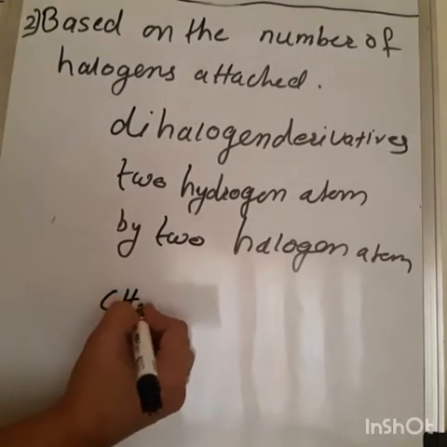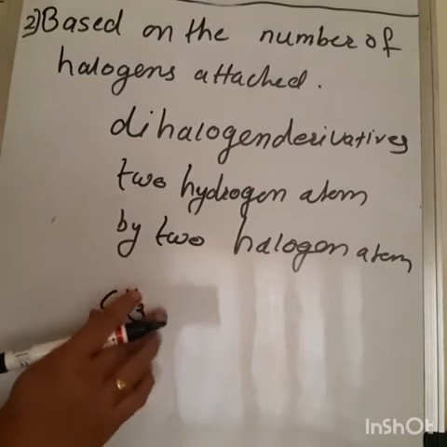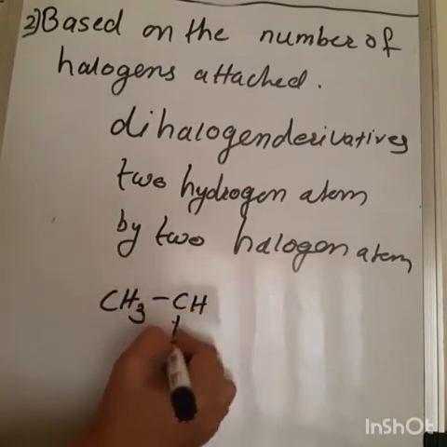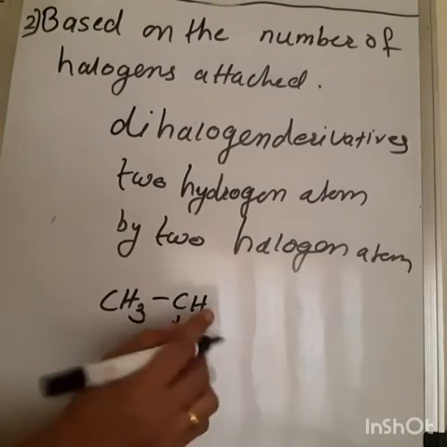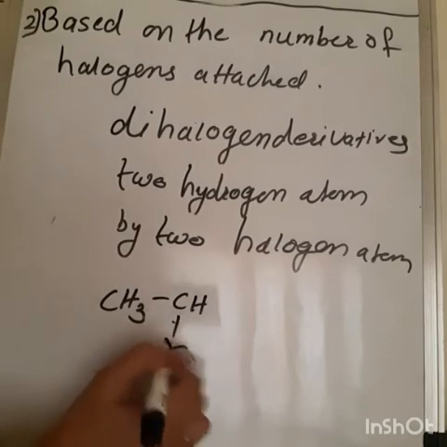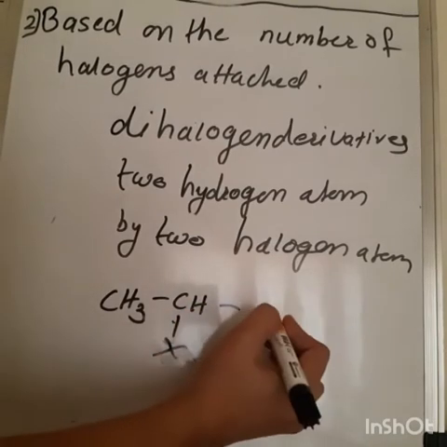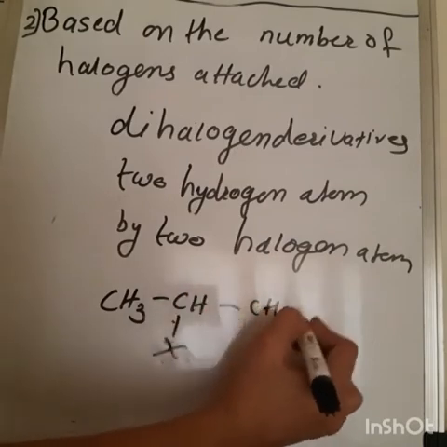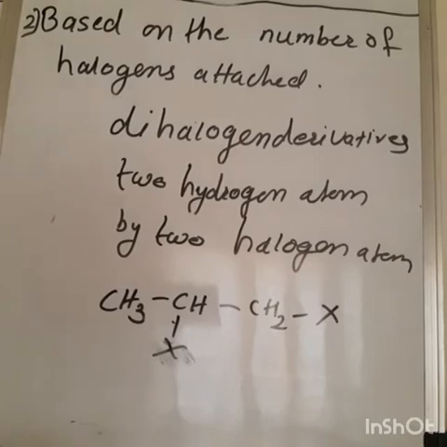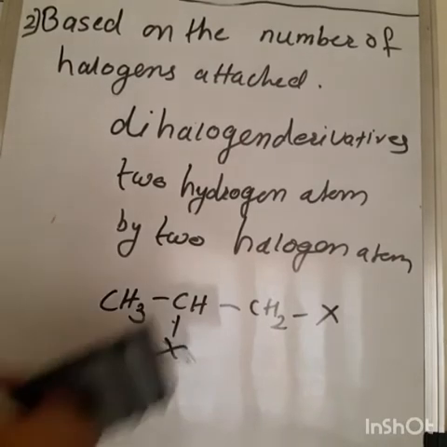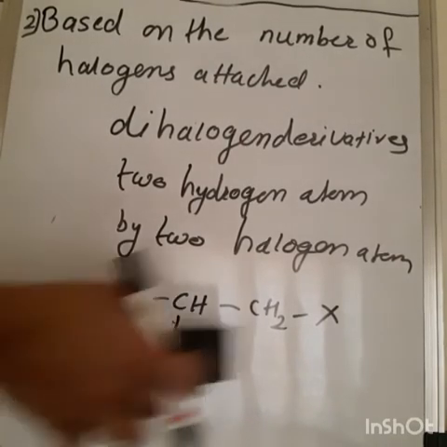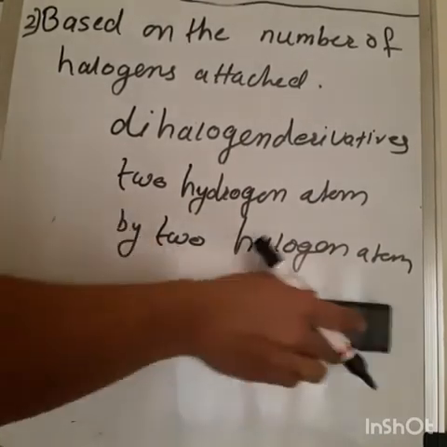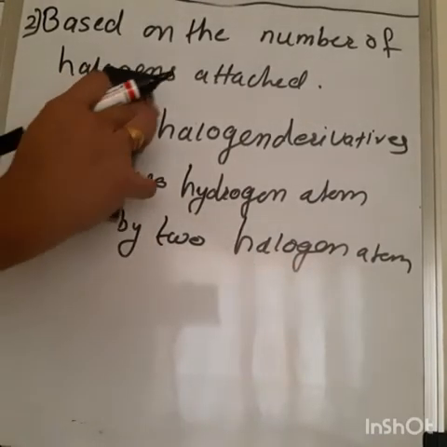Let's see the example: CH3CHX2, or let's see with X only, CH2X2. These types of compounds are dihalogen derivatives. X can be any halogen, that is fluorine, chlorine, bromine, iodine.